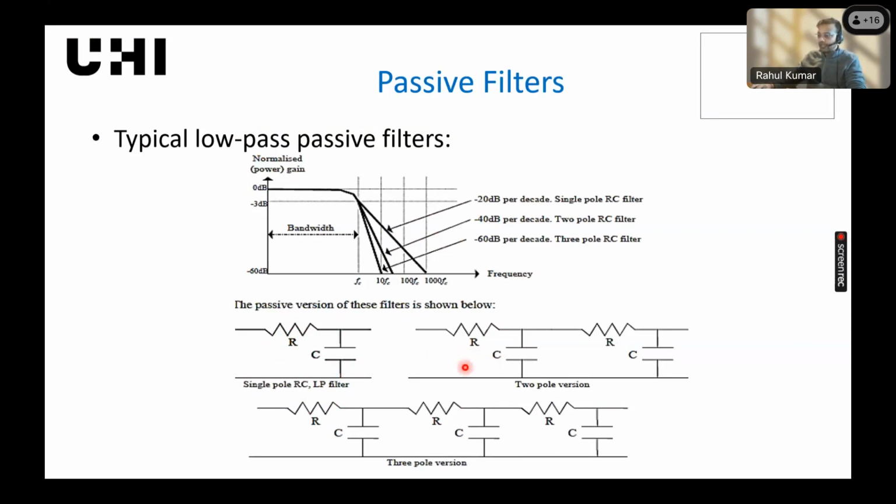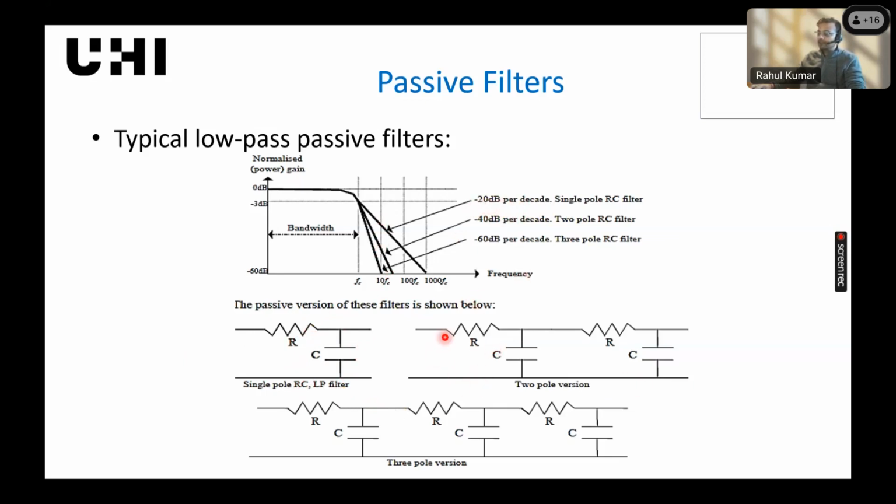And we measured the slope of that filter. It was around minus 20 dB per decade or minus 6 dB per octave. So for a single pole RC low pass filter, the slope is minus 20 dB.